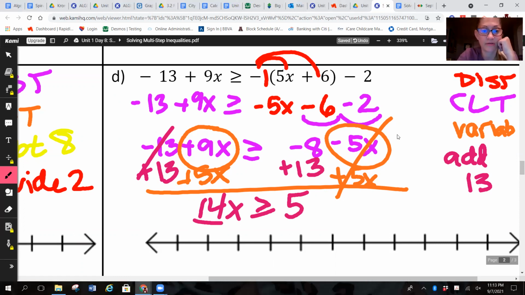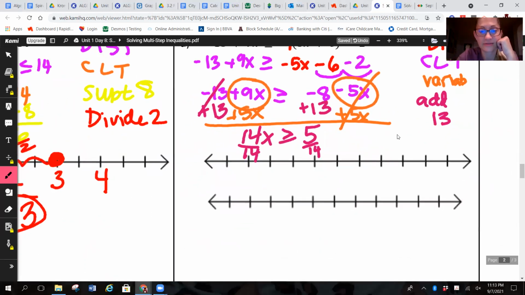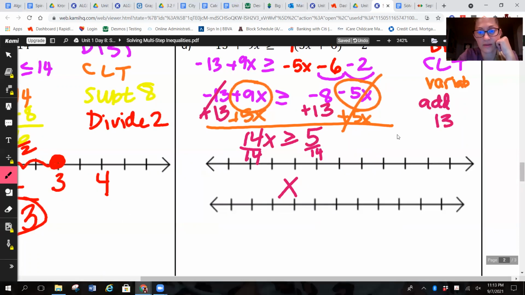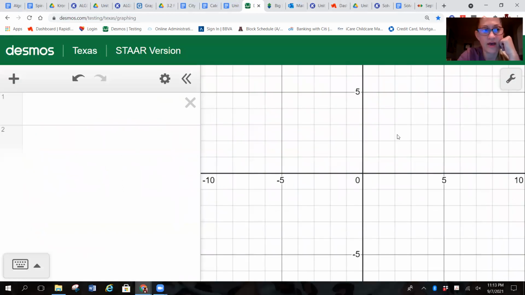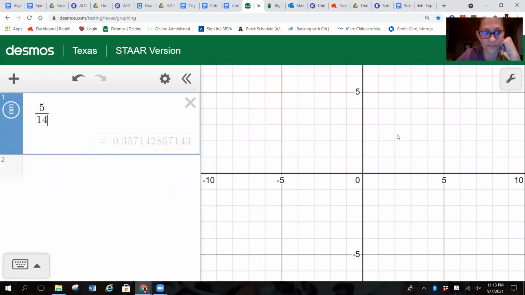Last step, I'm going to divide by 14. And x is greater than or equal to 5 over 14. 5 over 14 is a very small number, about 0.36.